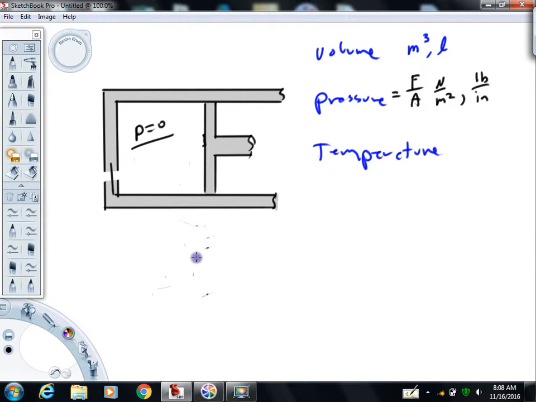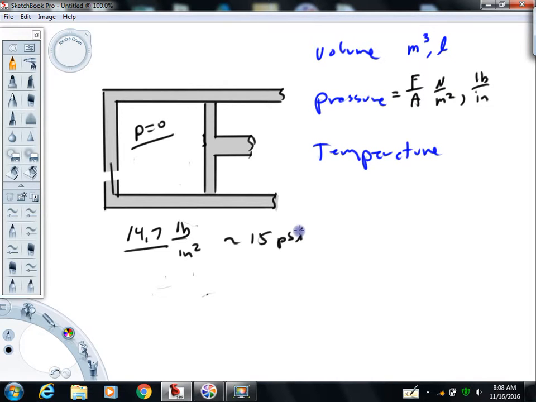And the atmospheric pressure is about 14.7 psi, or pounds per square inch. This varies, maybe by 5% or so, maybe even 10%, depending on where you're at. But this is a pretty good average at sea level. I like to just approximate that to 15 psi for this discussion that we're about to have.